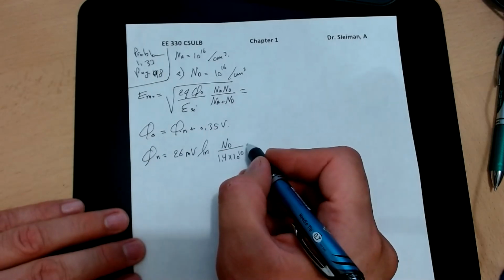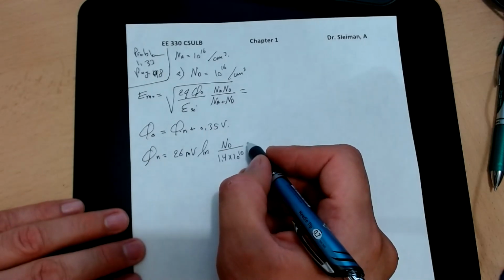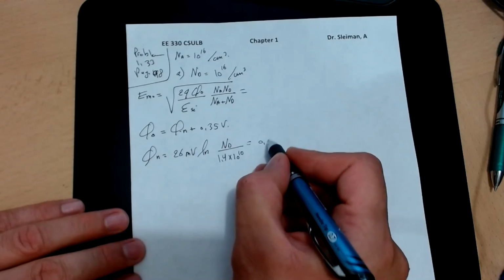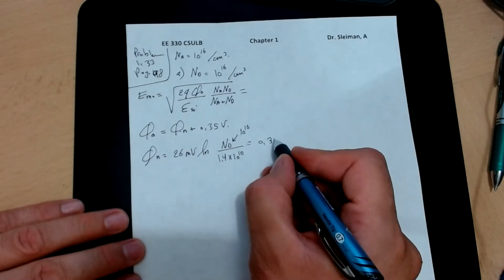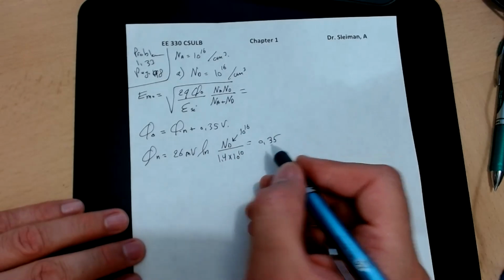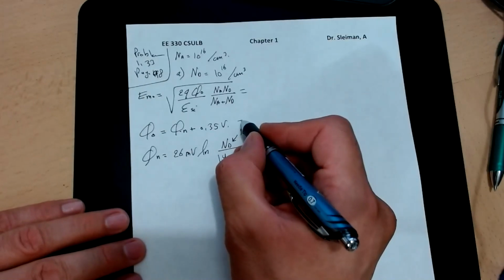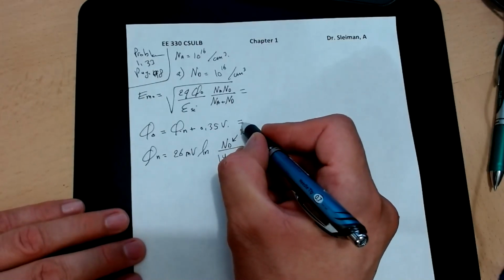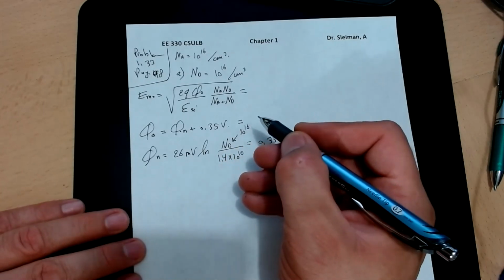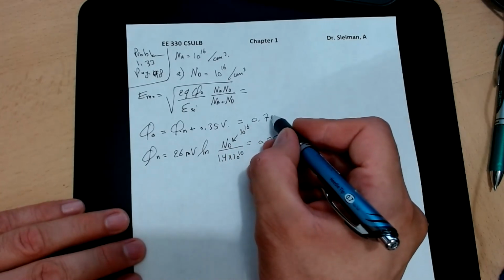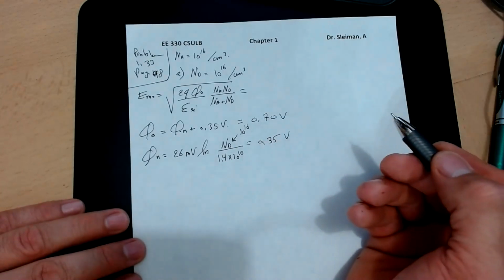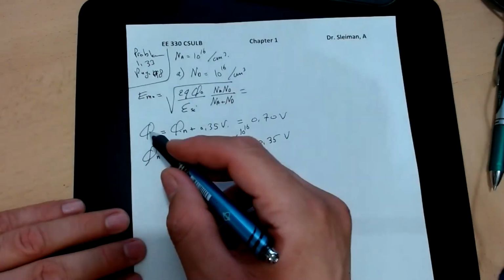So we can solve for this. And phi n will be equal to 0.35, considering that this is 10 to the power 16. Okay, in this term we can calculate for phi 0. It will be 0.35, okay, 0.70 volts. So we have phi 0.